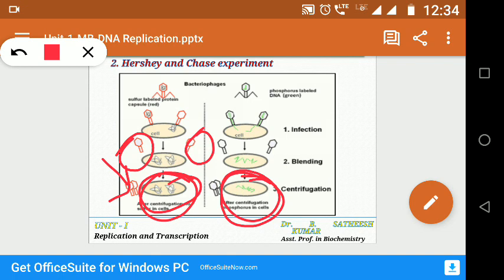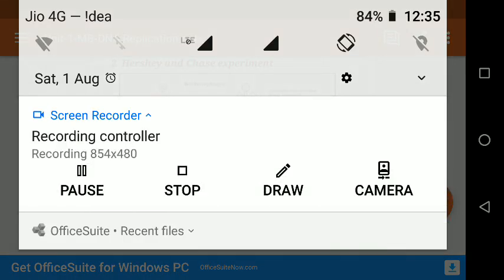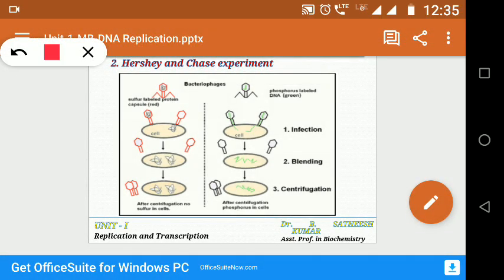So now they allowed these two batches further for the commencement of the lytic cycle. After some time, the bacteriophages are produced from the cell and released by breaking the E. coli cell membranes. So that means here in the first set, the protein coats are removed, but still these cells are producing functional virions.